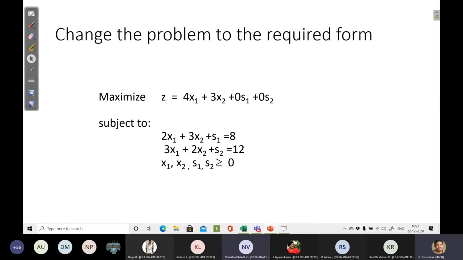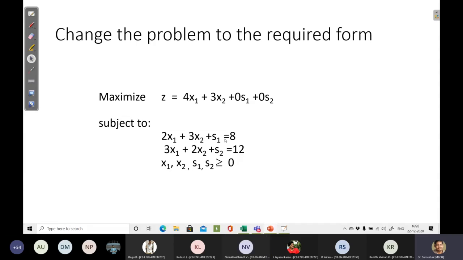Sir, we have to draw the table. What are the initial conditions? How do we get the initial conditions here? By keeping x1 and x2 as 0 and substituting the values, we get S1 equals 8 and S2 equals 12.